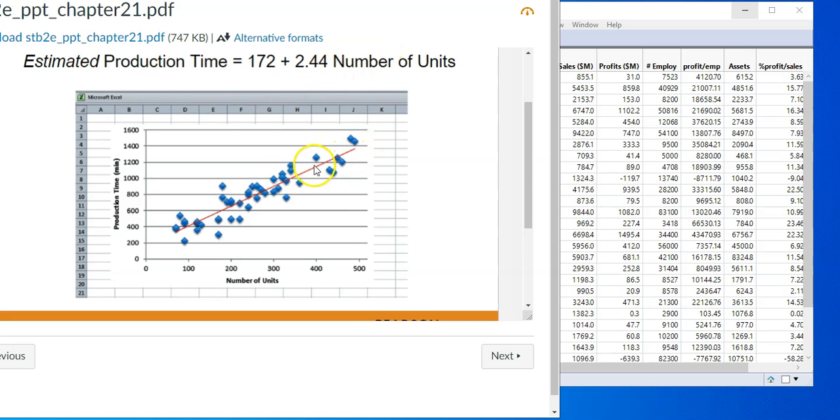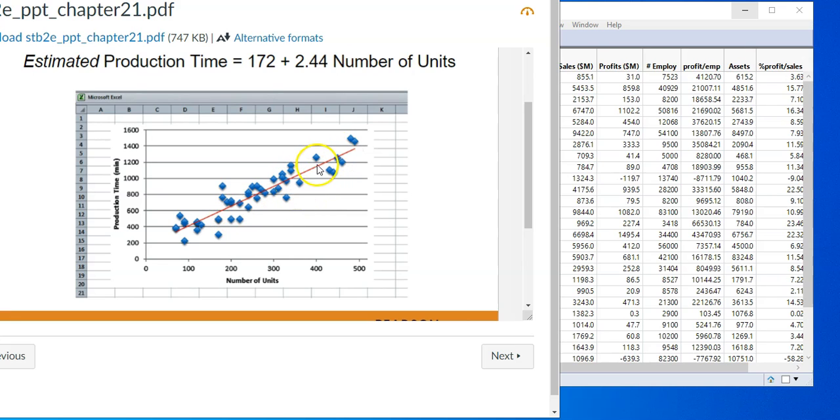And not all of those points are on the line. If all of the points are exactly on the line, no distance, that's a model with zero error. But in most cases of regression analysis, we're going to have many points that have a distance from the line.